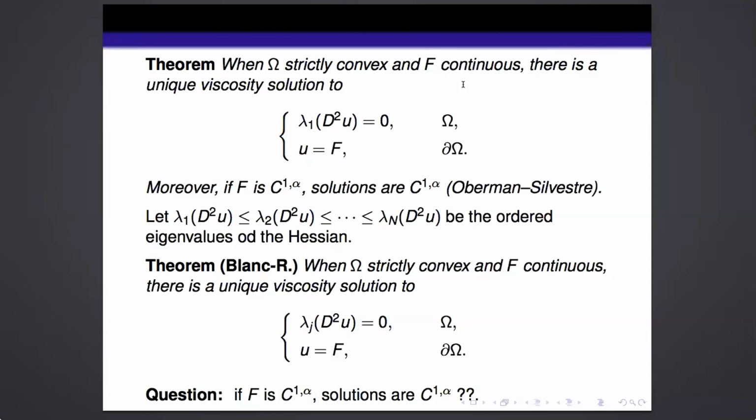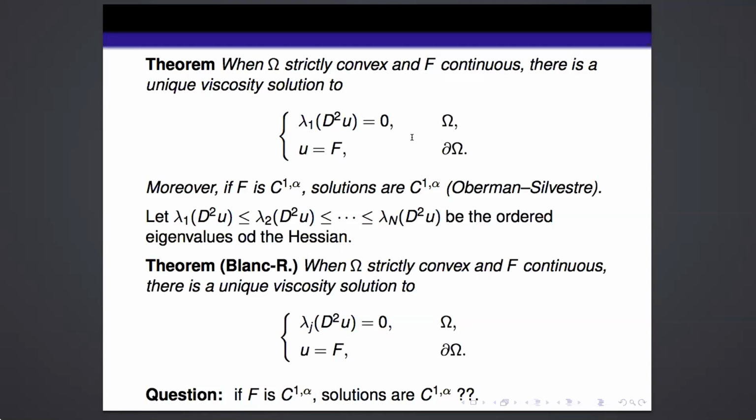For lambda 1 of D2u equals 0 with C1,alpha boundary data, this is the result by Obermann and Silvestre. Exactly. And the point here is that when you're talking about lambda 1, you are talking about the convex envelope. And for a convex function, you have something that is very useful, that is a supporting hyperplane at every point. So you can touch your function from below at a point with a plane, with something that is linear.